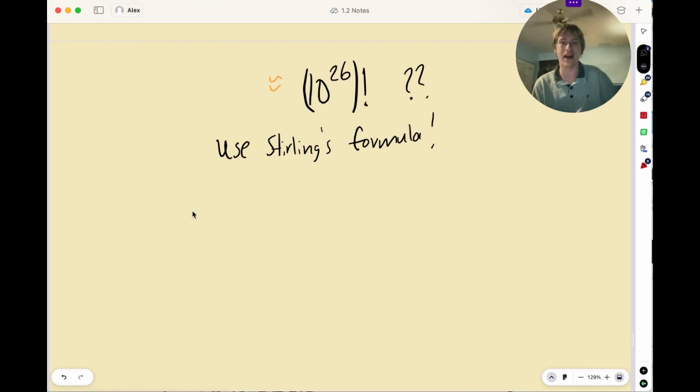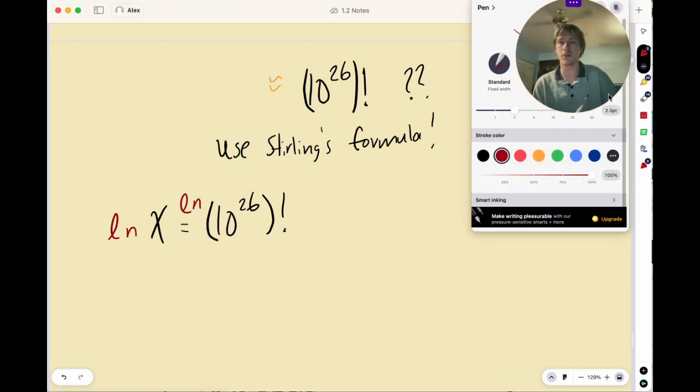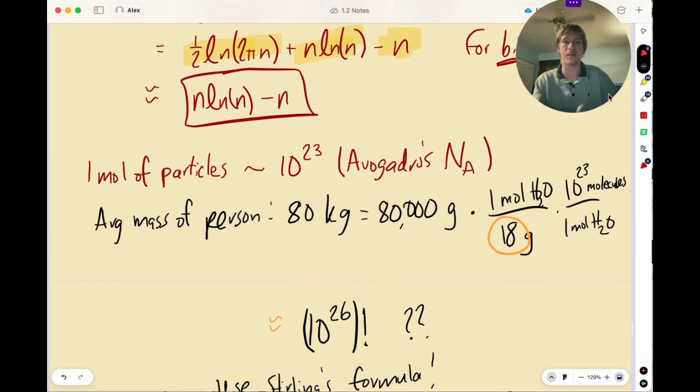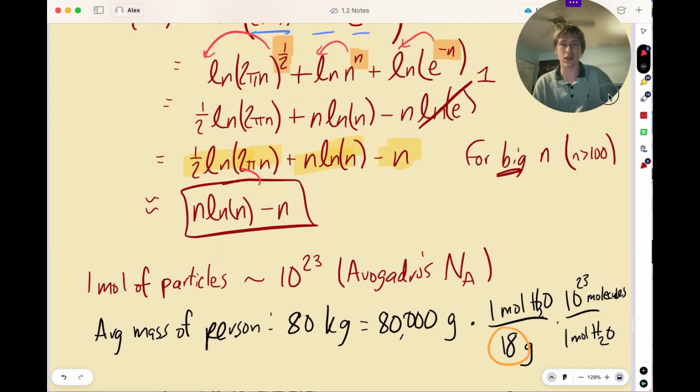So let's define x as this quantity, 10 to the 26 factorial. And I definitely don't want to work with that. So I'm going to take the natural log of both sides. And then we have the natural log of something factorial, which we can approximate using Stirling's formula, approximately equal to that formula.